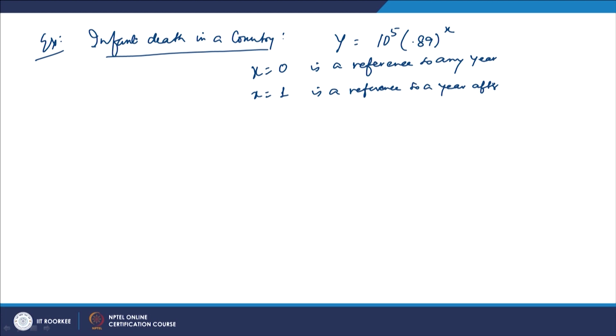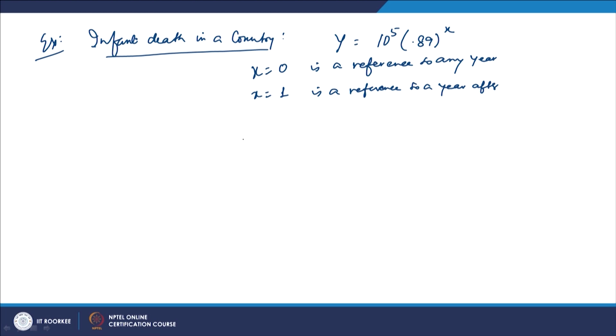So, what we can see here is that if x is 0, then it will be 10 raised to the power 5, and otherwise if you have x raised to the power 1, it will be 0.89.